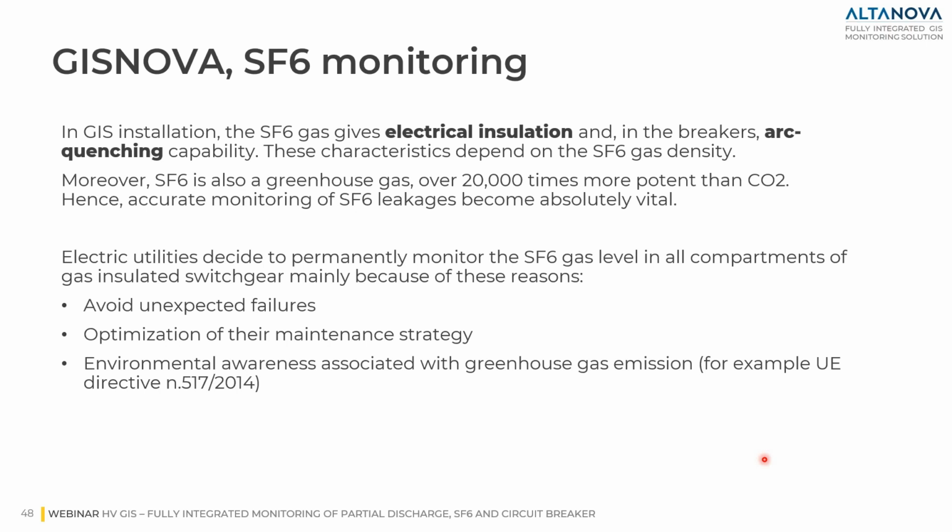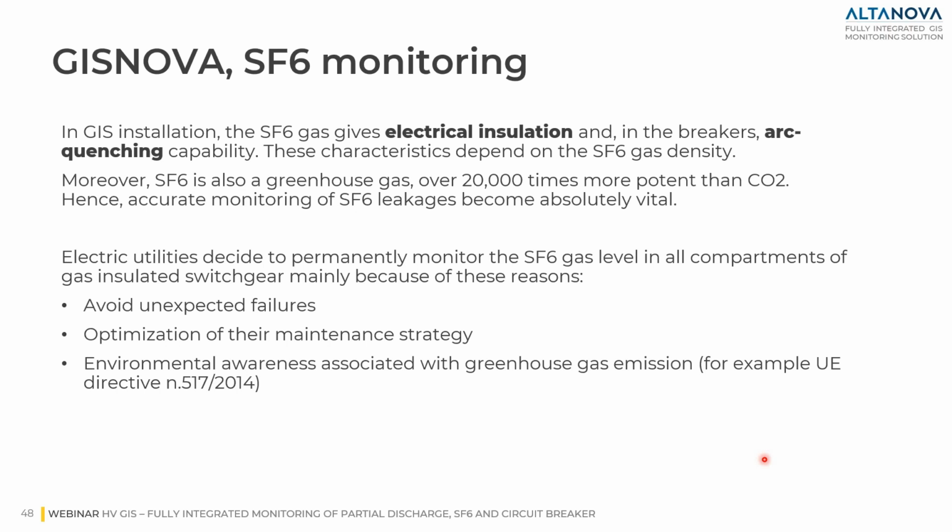Secondly, GIS SF6 monitoring is used to optimize the maintenance strategy. And last but not the least, as a third point, SF6 monitoring is useful to satisfy even the environmental rules about SF6 leakage control.